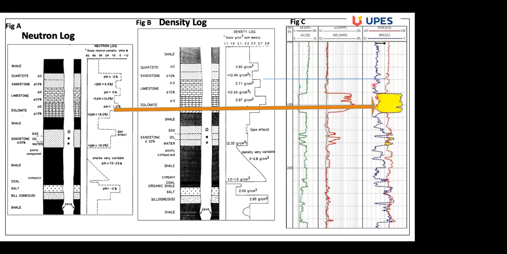If it is lower than the normal density, then there may be some low density material, so it may be hydrocarbon. So you have to find high porosity and low density zones. Here the yellow zone is indicating the hydrocarbon bearing zone. It is a low density and high porosity zone, and you can see the crossover. Based on that, you can find out what kind of hydrocarbon is present. In the second case, this is oil. In the first case, it is gas.